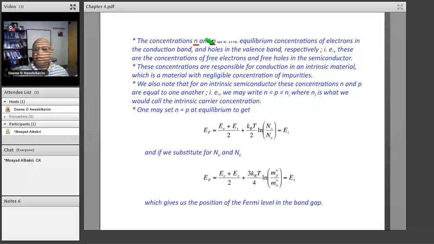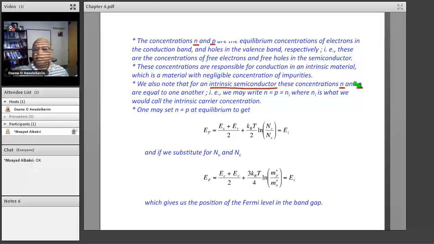Now, I just told you that if we have an intrinsic semiconductor, then these concentrations N and P are equal. Each electron that goes to the conduction band leaves behind a hole in the valence band.